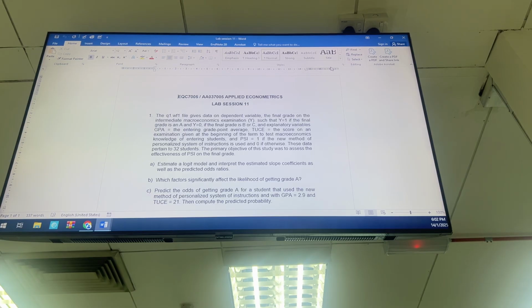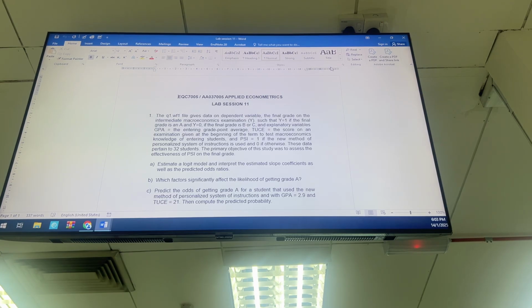So we want to model the probability or the likelihood of obtaining grade A given certain factors including the GPA and other variables as well.